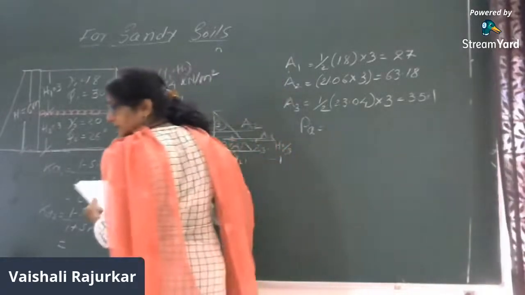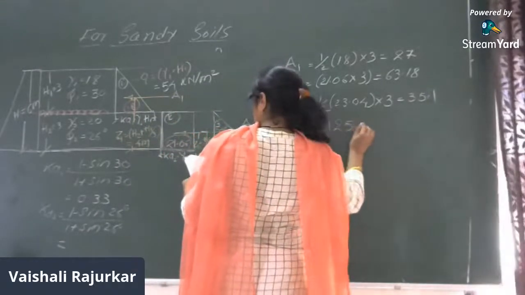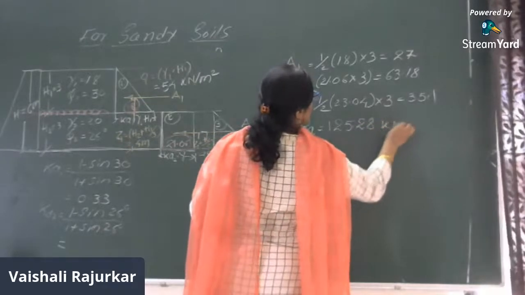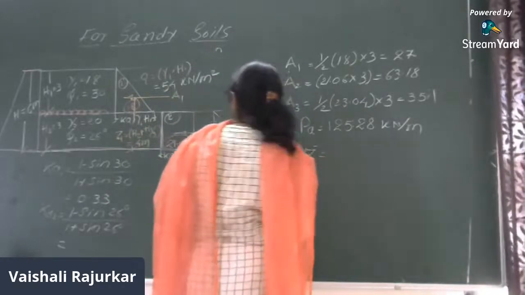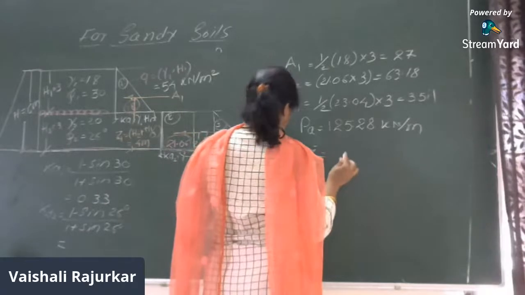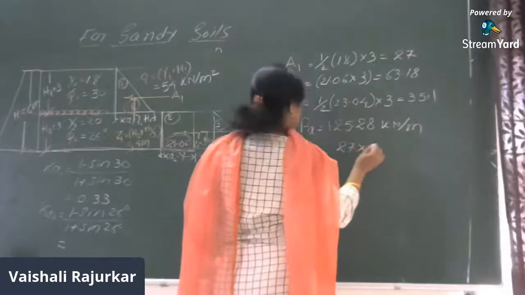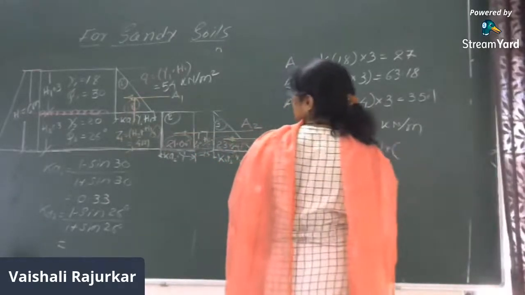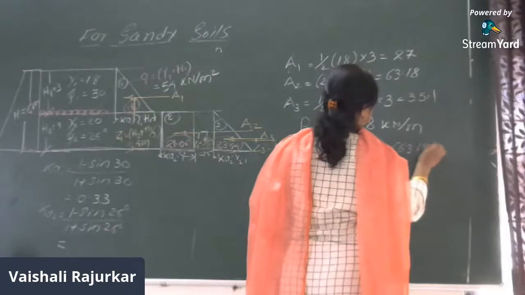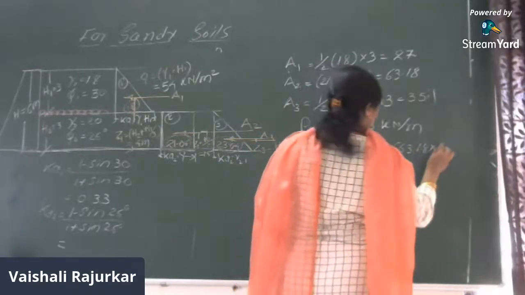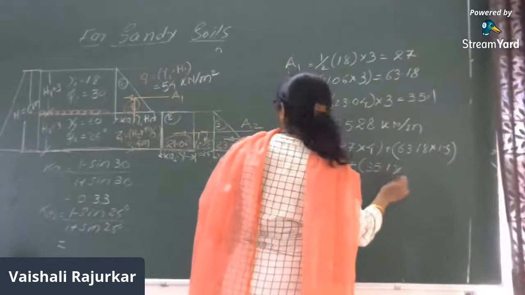Total PA is equal to 125.28 kilonewton per meter run, and Z bar is equal to A1 into Z1, so it will be 27 multiplied by 4 plus 63.18 multiplied by 1.5 plus 35.1 multiplied by 1.